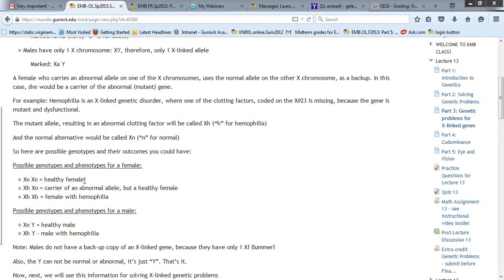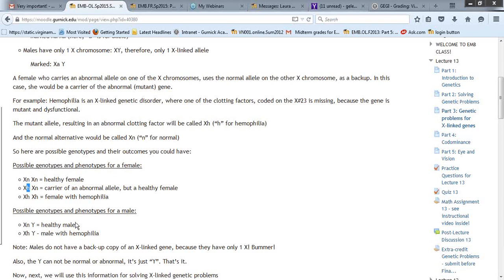And then alternatively, we would put an X with a different letter like C for color blindness, or H for hemophilia, or D for dystrophy, next to that X to signify an abnormal X chromosome. One of those X chromosomes gets passed on, and then you would need to look at what could be the outcomes for the offspring.